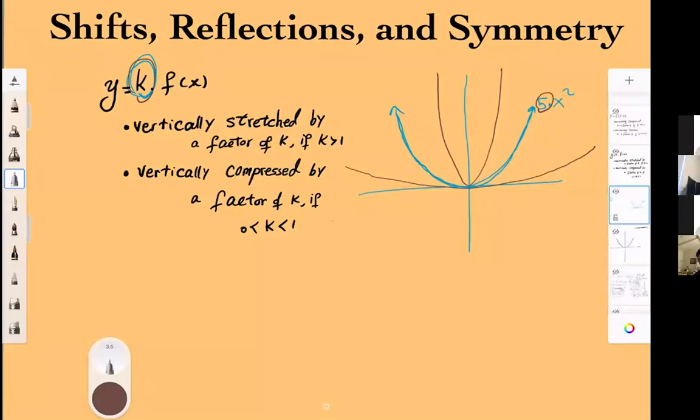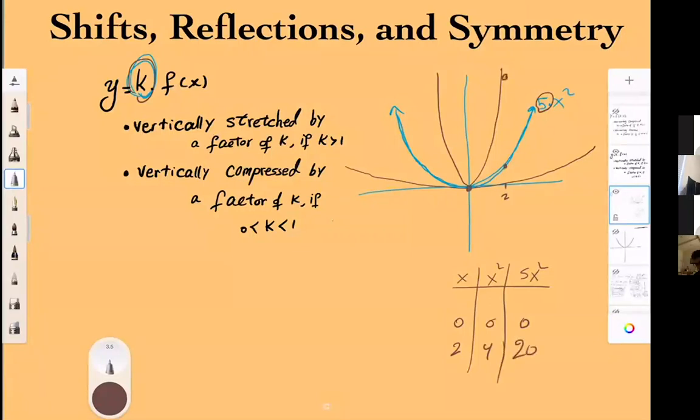For example, x squared and 5x squared. If x is 0, all of them are 0, so that point is the same. For example, x equal to 2, y equal to 4 on the original. What about 5x squared? The y will be 20.